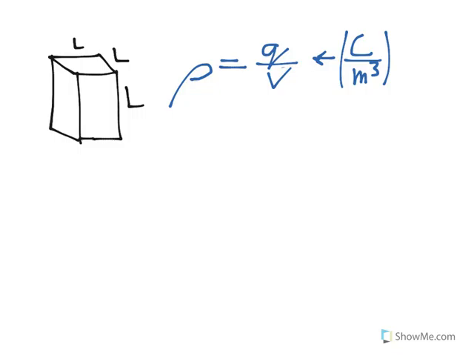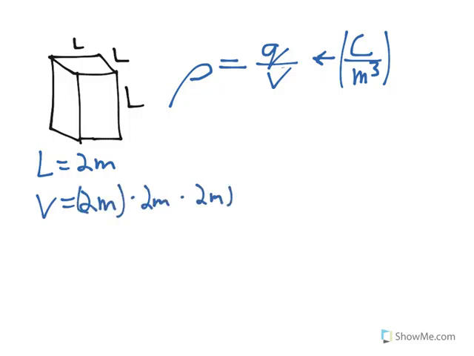So let's say all of the L's, right? We have a box, and every L equals 2 meters. So the volume equals 2 meters times 2 meters times 2 meters, right? Equals 8 meters cubed. 8 cubic meters is our box. Pretty big box.